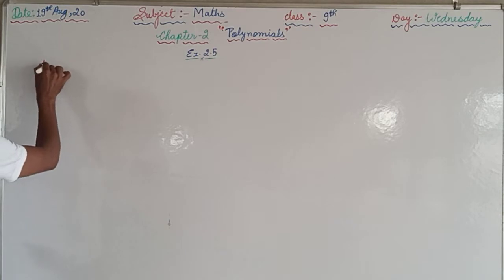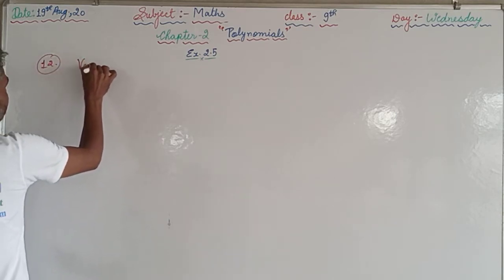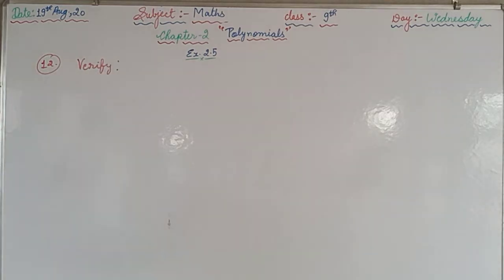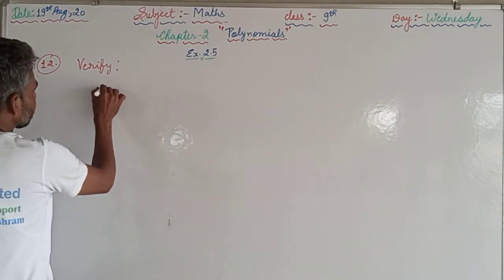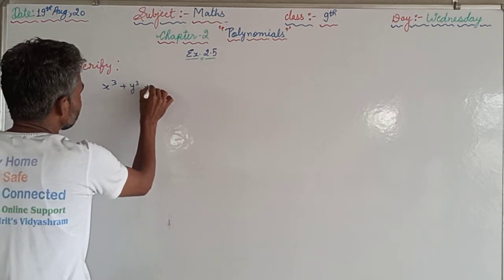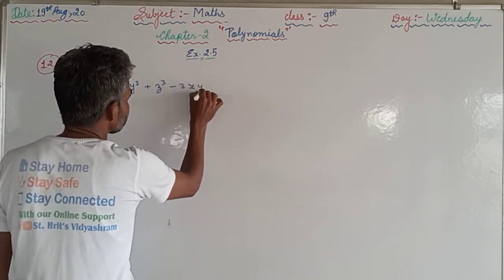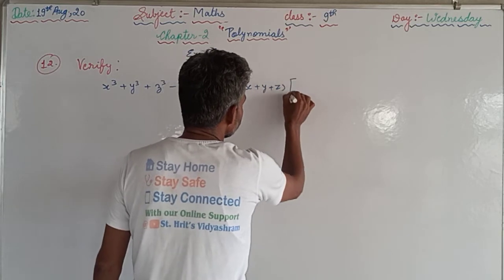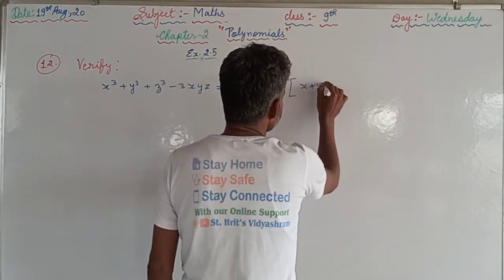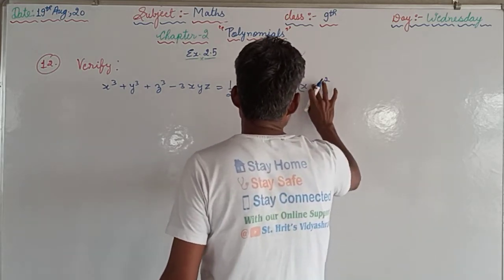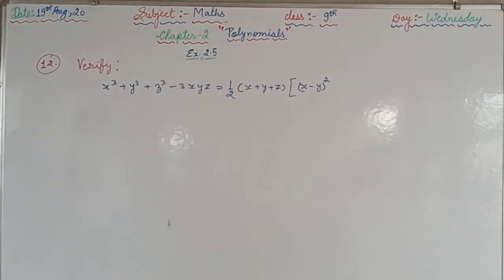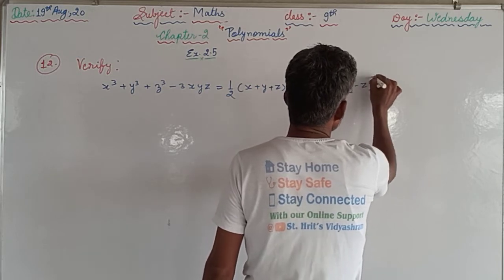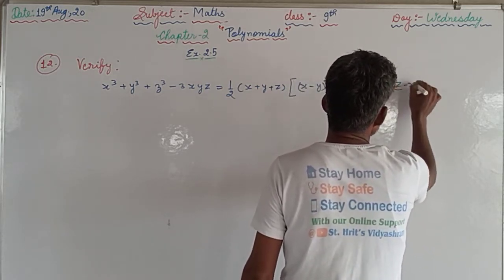In question number 12 we are supposed to verify that x cube plus y cube plus z cube minus 3xyz is equal to half into x plus y plus z into (x minus y) whole square plus (y minus z) whole square plus (z minus x) whole square.